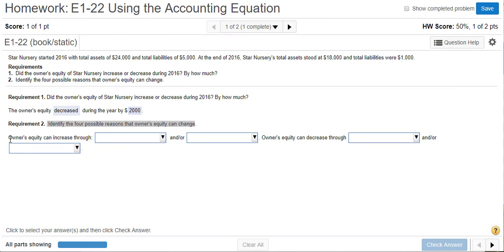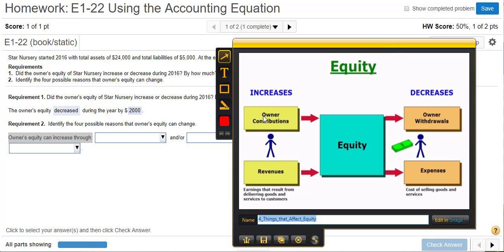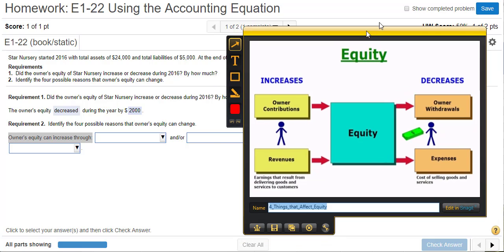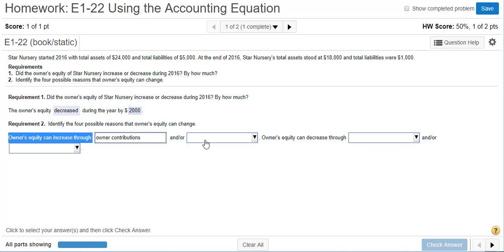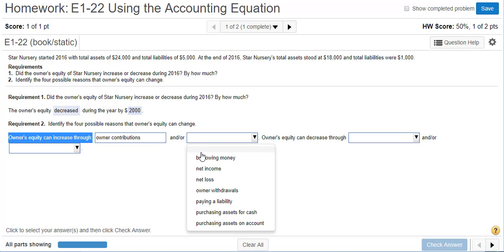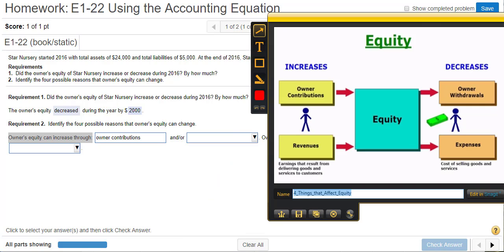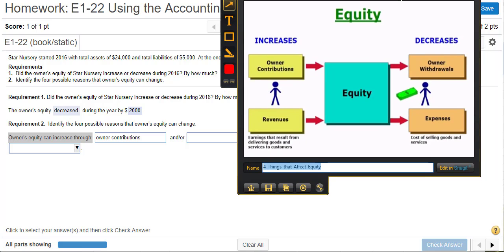So back to our problem, it says owner's equity can increase through, now how does owner's equity increase? Through owner contributions or revenues, but only if revenues exceed expenses. So here we've got owner contributions, and notice here they did not allow us to choose revenues. The reason is that what really increases equity is if revenues are greater than expenses.